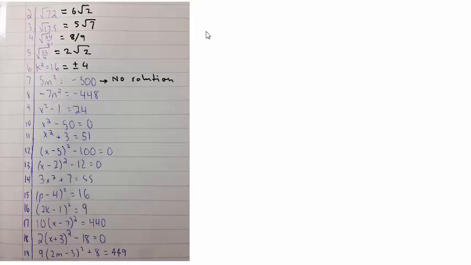Number 8, negative 7n square is equal to negative 448. You divide both sides by negative 7. So you get n square is equal to, well, 448 divided by 7 is 64.